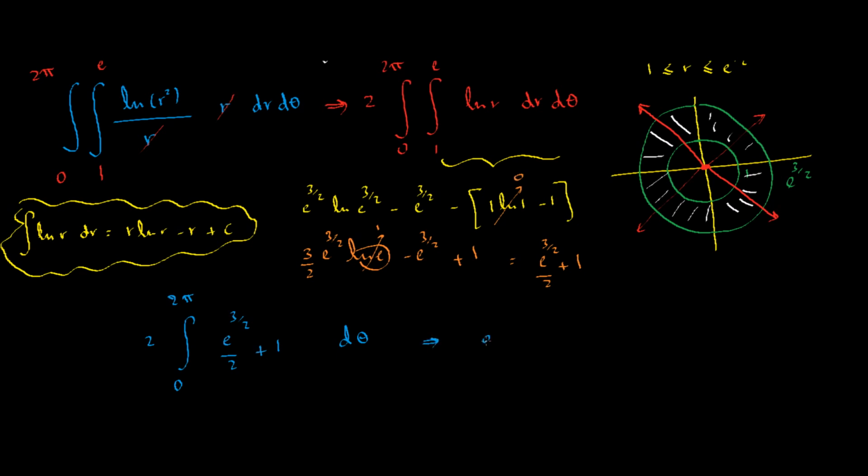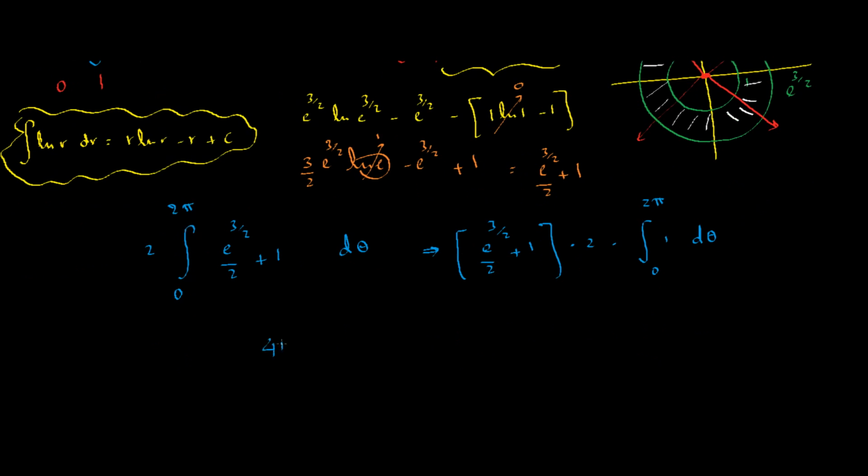And we can have e to the power 3 over 2 divided by 2 plus 1, and we'll multiply this by 2. We're integrating 1 d theta from 0 to 2 pi. Now if we solve this, you should be getting 4 pi multiplied by e to the power 3 over 2 divided by 2 plus 1. And this over here is the final answer.